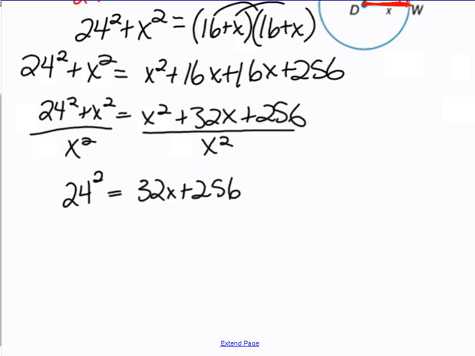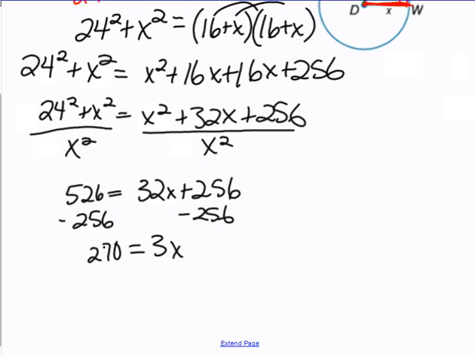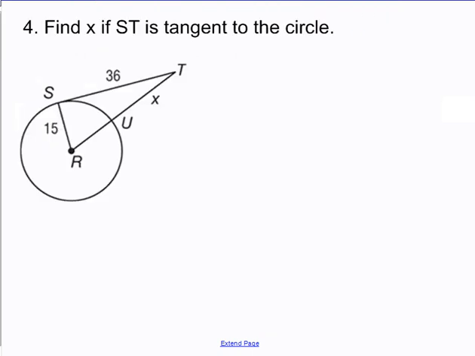I'm going to change this 24 squared to 576. I'm going to subtract 256. And that gives me 320 equals 32x. And that gives me x equals 10. Whew, that's a long one. Okay, next one.